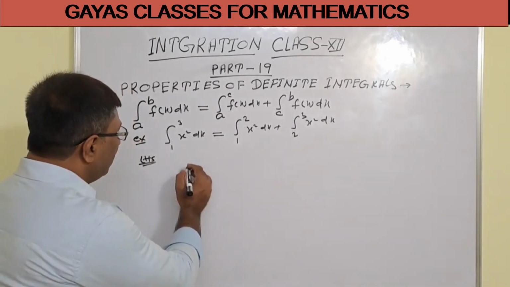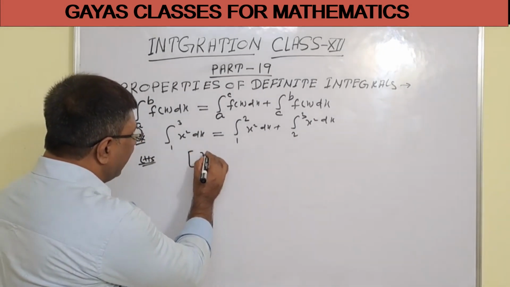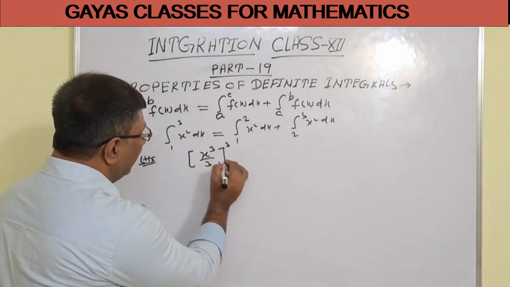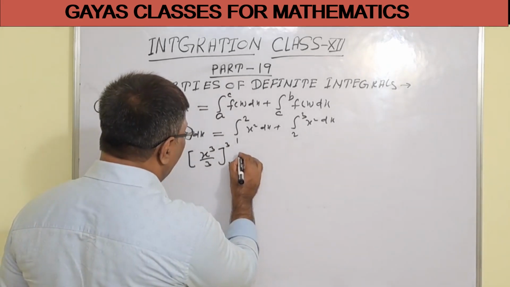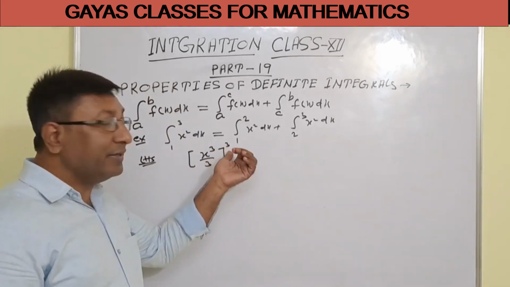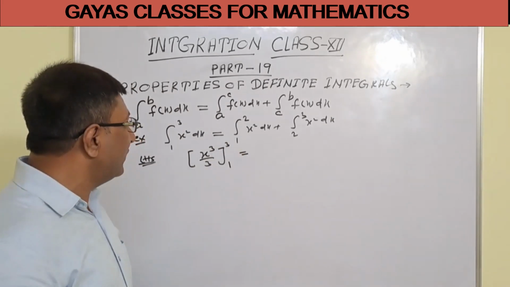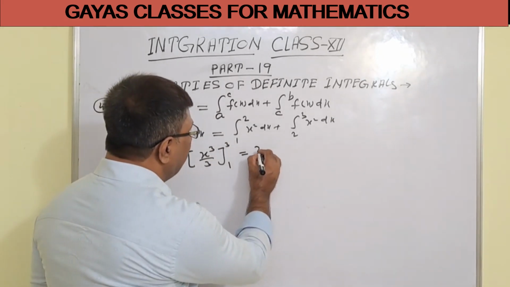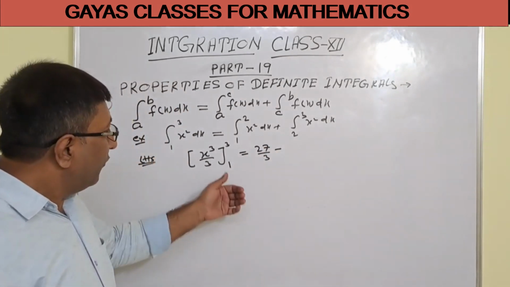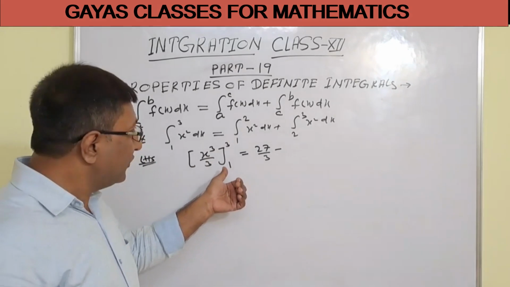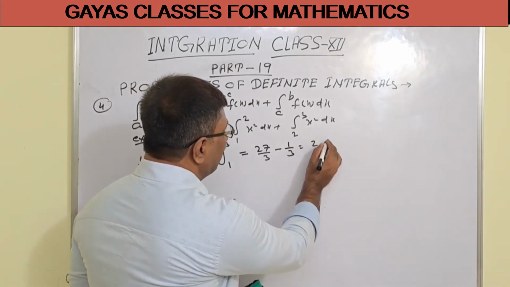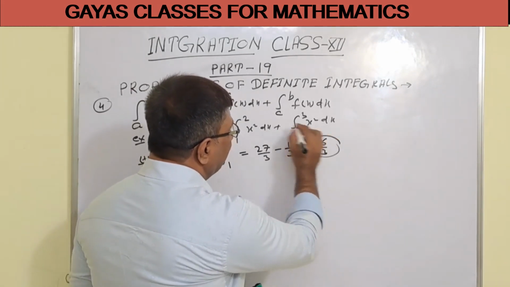You know the integration of x square is x cube upon 3, upper limit 3, lower limit 1. Upper limit is 3, so put x equal to 3, we will get 27 upon 3, minus, now put x equal to the lower limit 1. 1 cube is 1, so this is 1 by 3. So the result is 26 by 3.